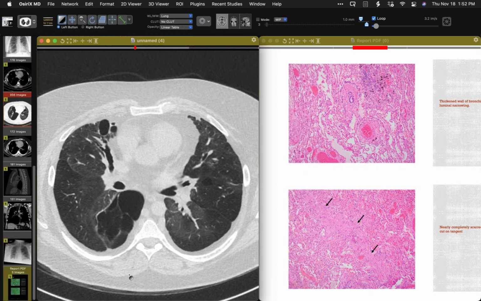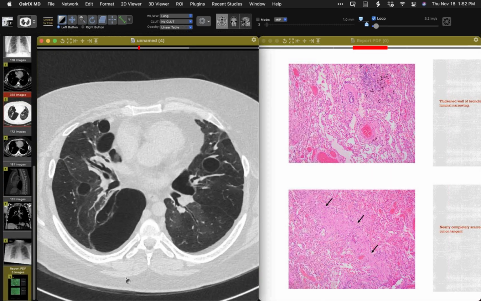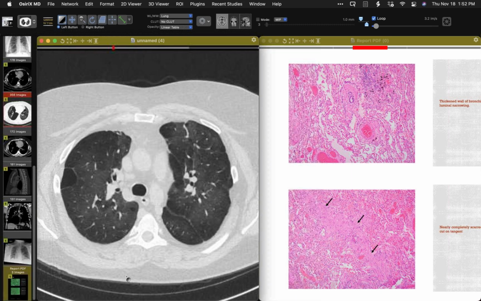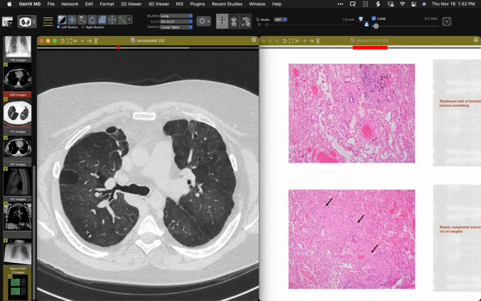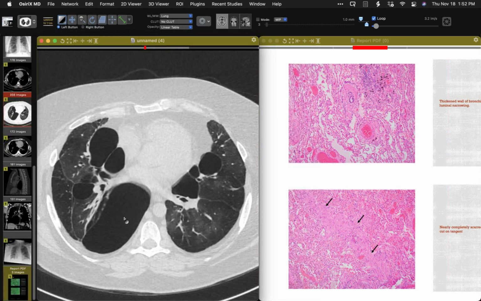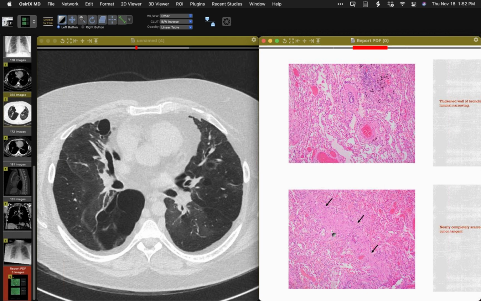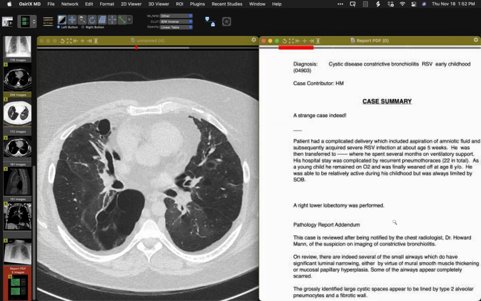Your lower image there just shows it, the truly obliterated airway. Howard, how much lung resection did he have? Was it a right lower lobectomy? Yes, with difficulty, with adhesions and stuff, they eventually did a right lower lobectomy.